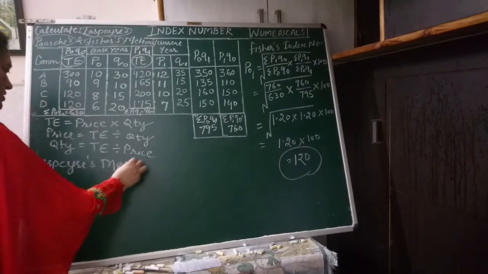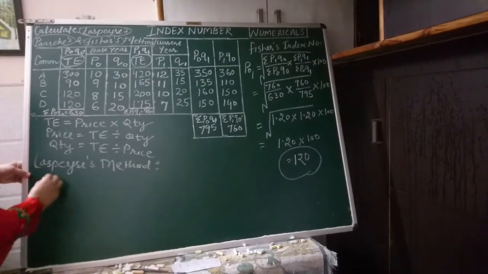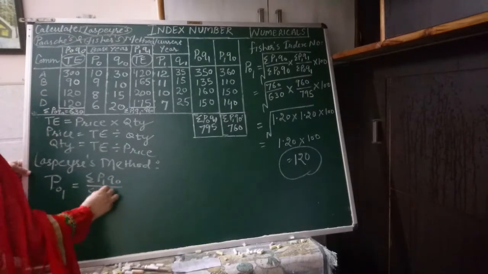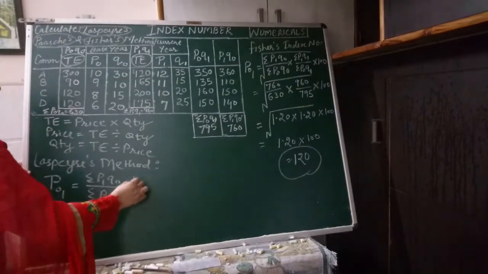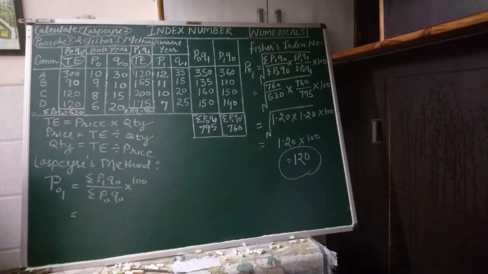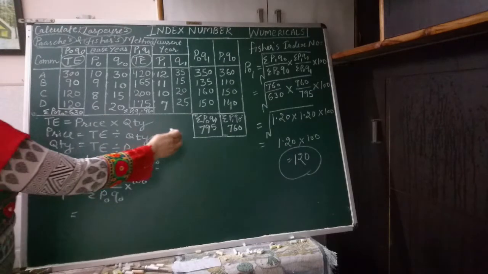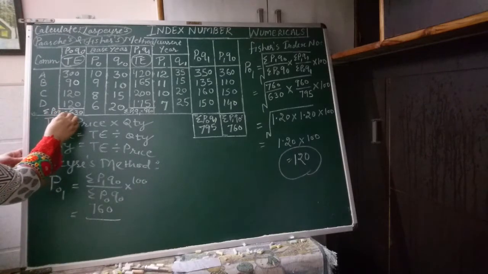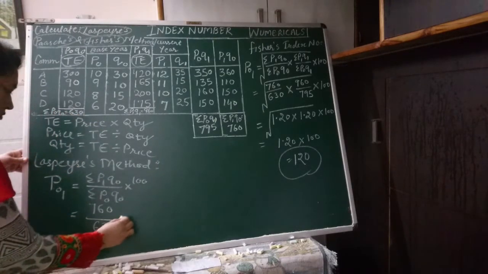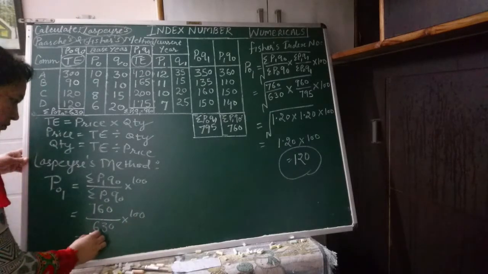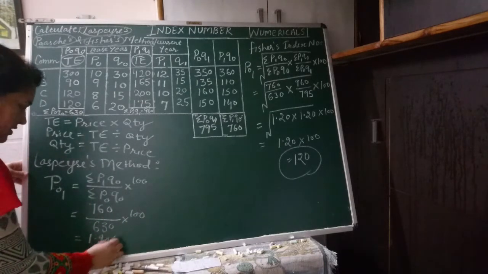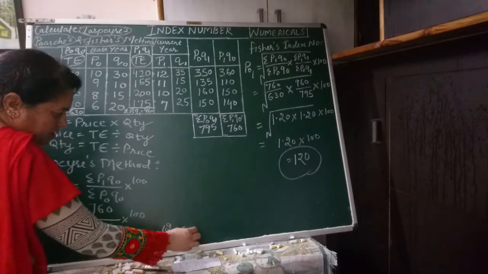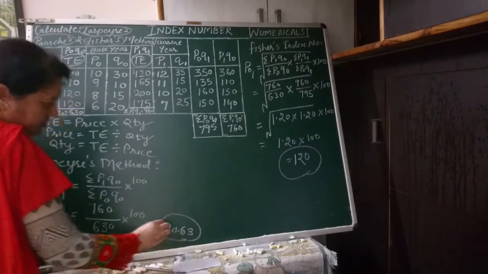For the calculation of Laspeyres method, price index of base or current year is equal to sigma P1Q0 divided by sigma P0Q0 multiplied by 100, which is 760 divided by 630 multiplied by 100, which is 1.2063 multiplied by 100, is equal to 120.63. This will be the answer of Laspeyres method.